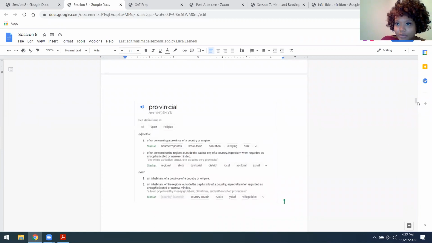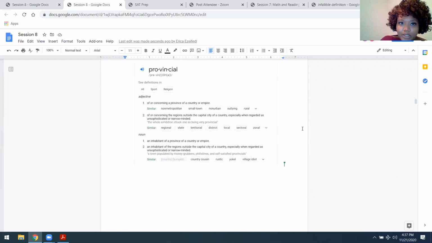So provincial means, again, you can break it up and try to see what it means. It might not help, but you could try. I say it might not help because provincial, it sounds like province. A province is just an area, like a region.